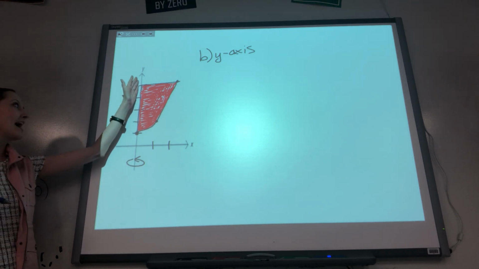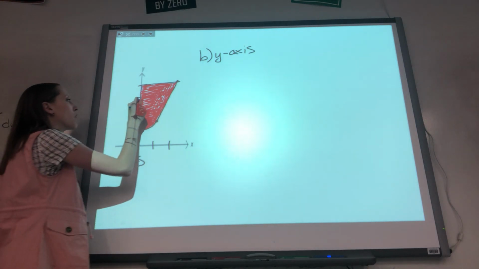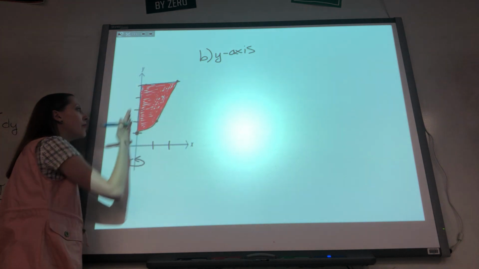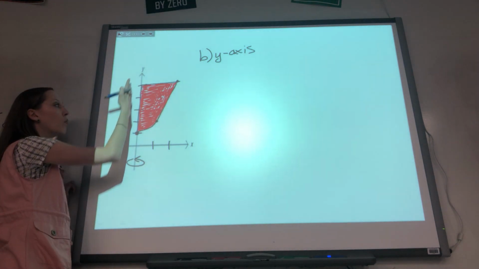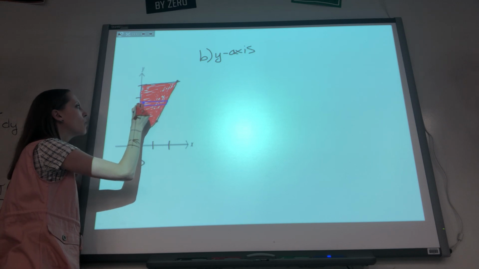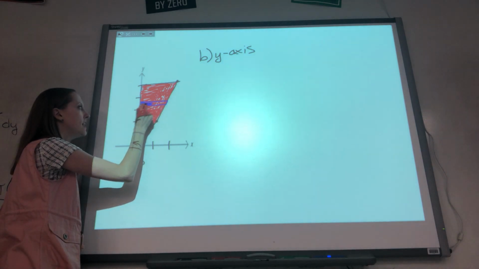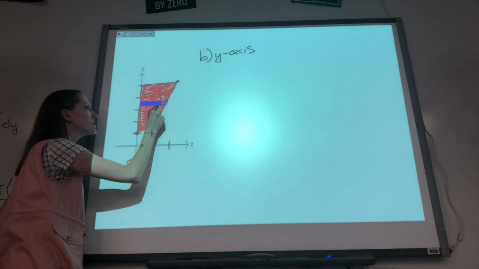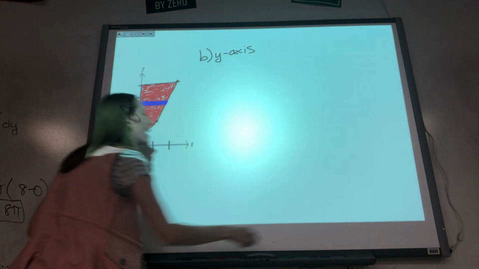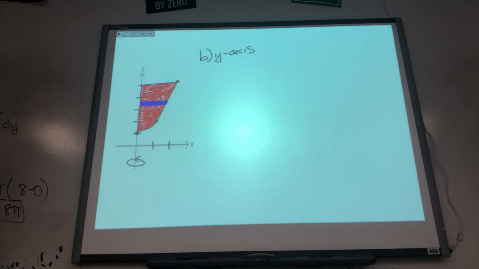So if this is my axis of revolution, the rectangle needs to be going horizontally. That way it forms a right angle with the y-axis. Doesn't matter exactly where you put it, it just needs to be horizontal. Always perpendicular to the axis of revolution.